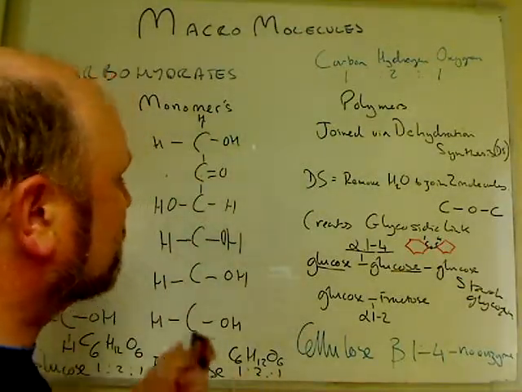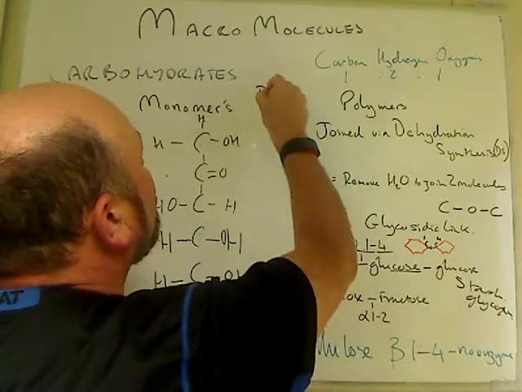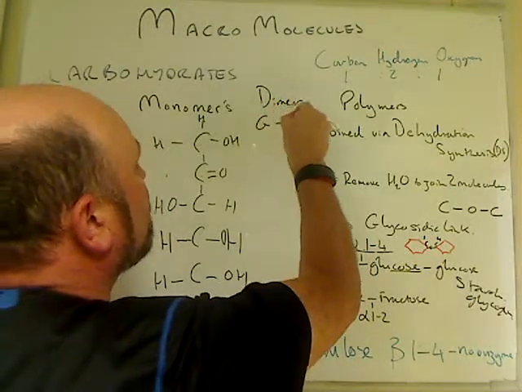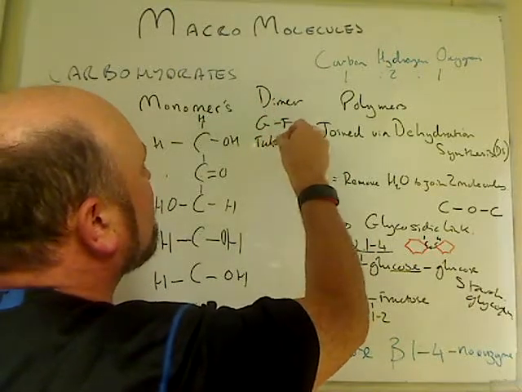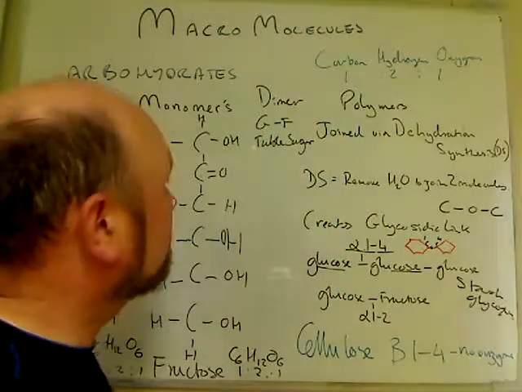If we just join two together, we end up with a dimer, which is 2, so that would be a glucose joined to a fructose, which is table sugar, and I apologise if I said table salt, because I've got salt on the brain just now.